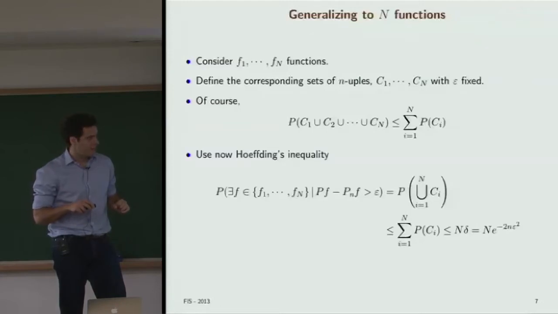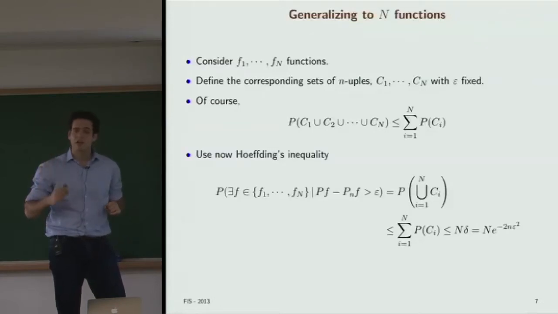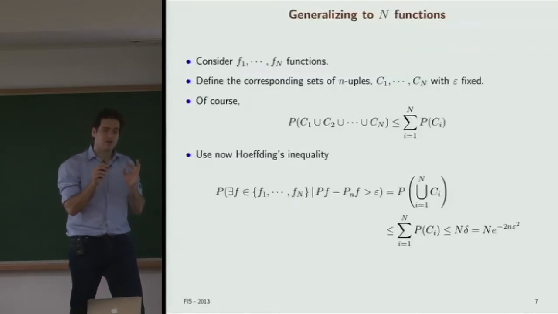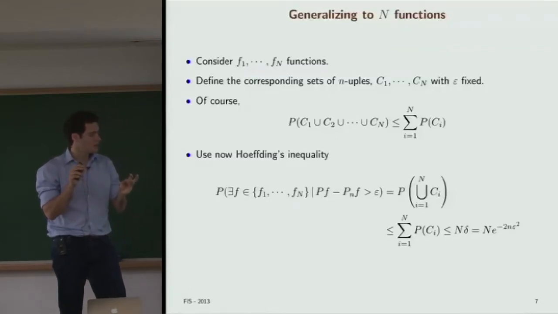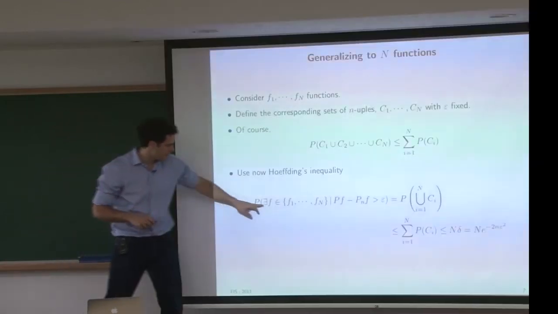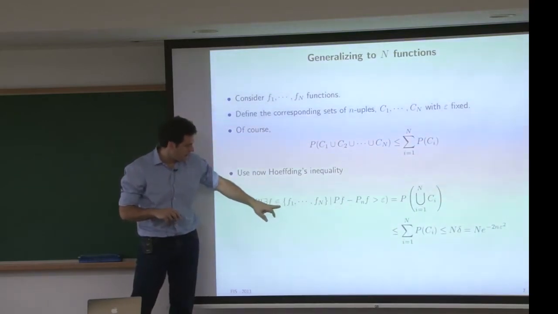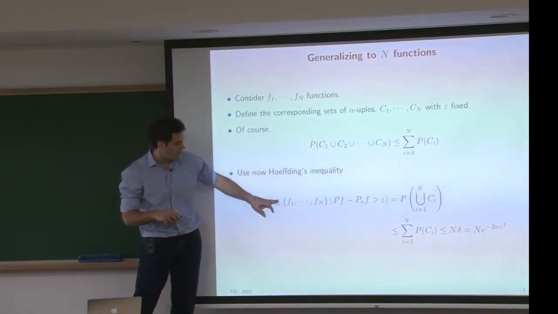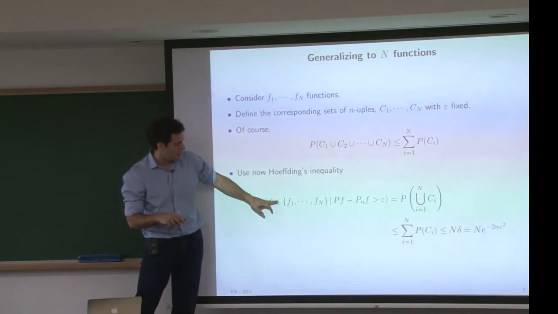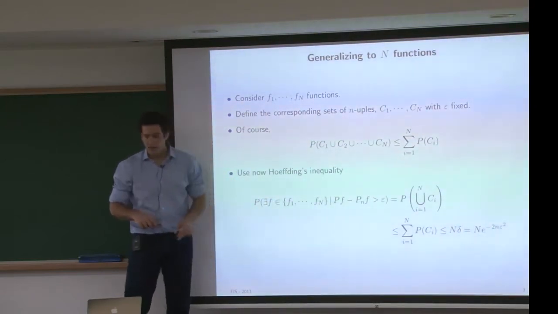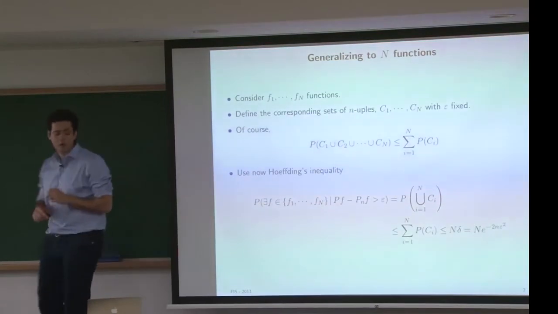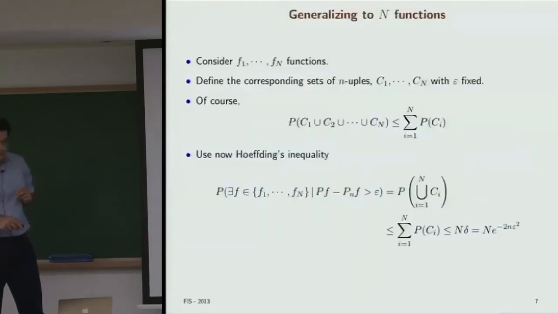And within that set, at least one of my functions has a deviation from the true risk which is higher than epsilon. The empirical risk is further away from the true risk than epsilon. So again, I can say that the probability that there exists an f in the set of f1 to fn such that P(f) minus Pn(f) is bigger than epsilon is, again, reduced by the union bound to n times the probabilities. Okay?